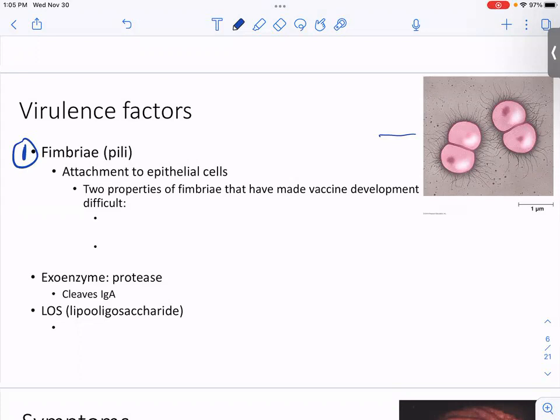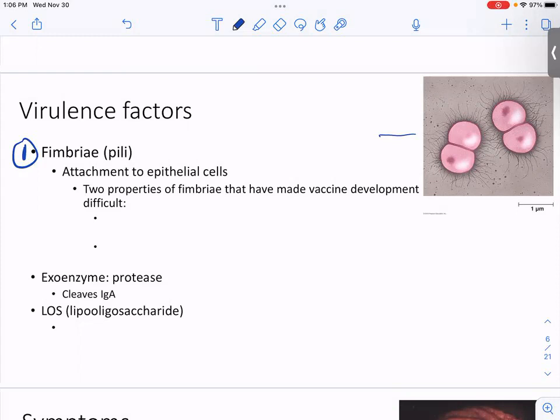It's made out of the same protein, pilin. So sometimes we use those two terms interchangeably. Your book used the term fimbriae, so we'll go with that. Sometimes they're referred to as pili in the literature because some of the genes that encode them are called pilA, pilE, and so on.